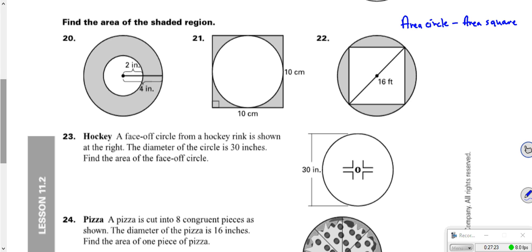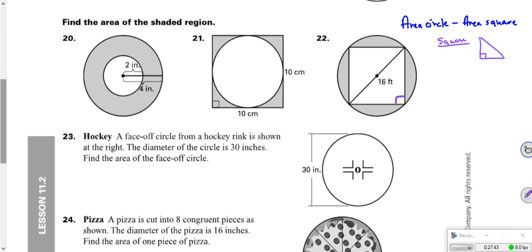Now, the first thing we need to do is find the area of the square. Off to the side here, I'm just going to work on the square for a minute. This has got to be 90 degrees. How do I know that's 90 degrees?